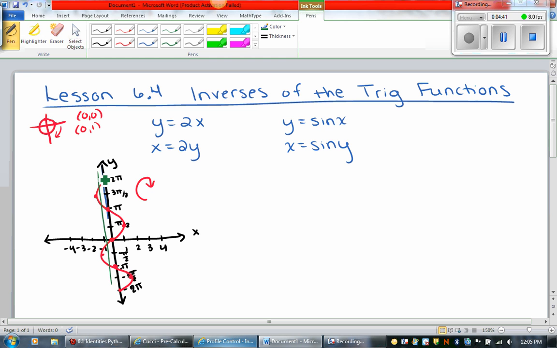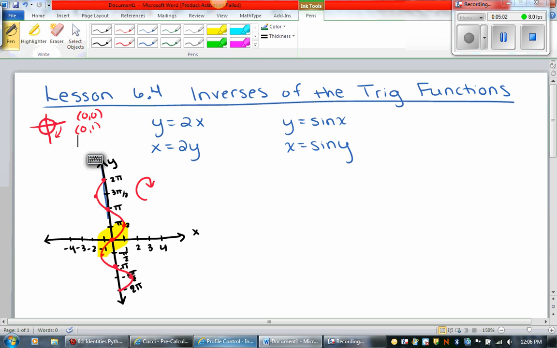So I need to restrict my range so that it is a function. Okay? So what piece of my curve do I want in order for this to remain a function? So that piece, if we include that first quadrant, which we want to, is going to be this section right here.